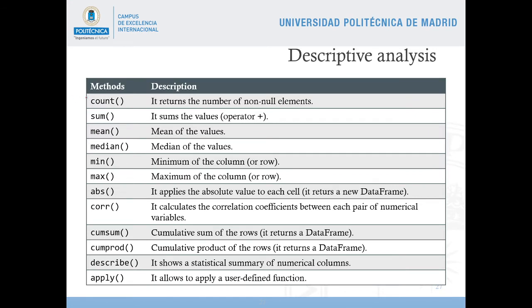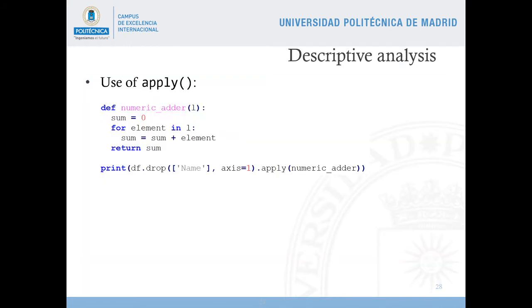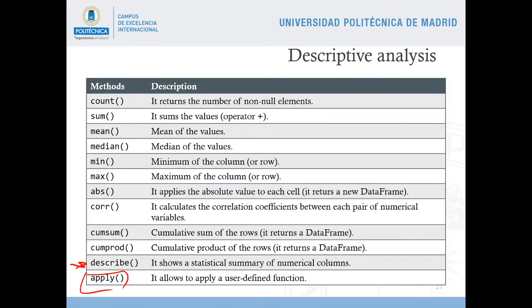You have count, sum, mean, median, min, max, abs, correlation, cumulative sum, cumulative product, describe, which is a summary of all statistics, and apply, which allows us to specify our own function. You have to be careful with some of the functions, because, for instance, I think abs cannot be applied to non-numerical columns.